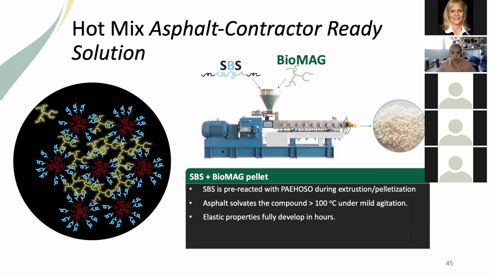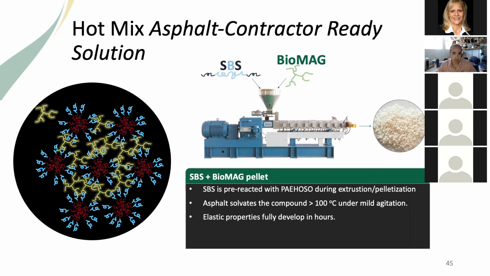The idea here is that we use just a small amount of SBS to react with the components in Biomag to create a soft rubberized pellet that will dissolve in asphalt under gentle shear conditions and normal storage temperatures, which would produce a polymer modified pavement immediately after addition of that pelletized product.